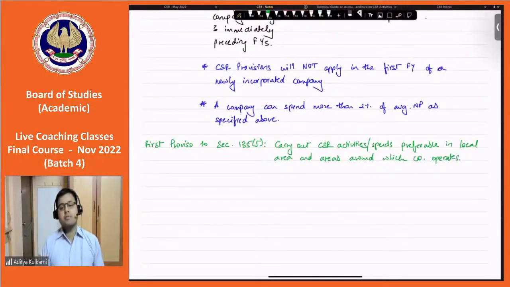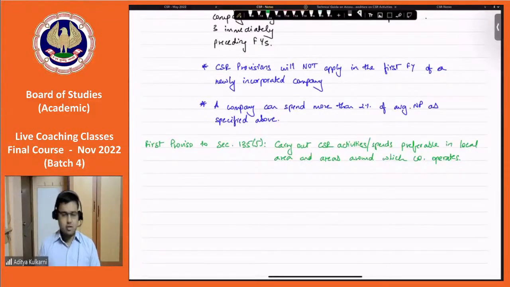See, a company cannot function in isolation. It will take some resources. So from whom it will take resources? Sir, immediate vicinity, surroundings where the company operates, from there it will take the resources. For example, you have an industrial area where your company is there. Your company discharges certain waste into the air or into the water, whatever it is. These pollutants, they may not be very harmful, but they will have some negative impact on, let us say, the soil that is surrounding the land where the company is situated.